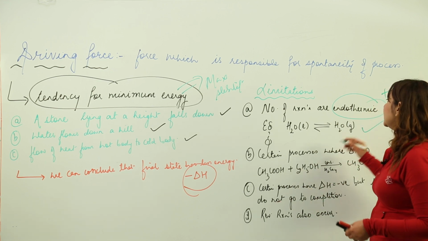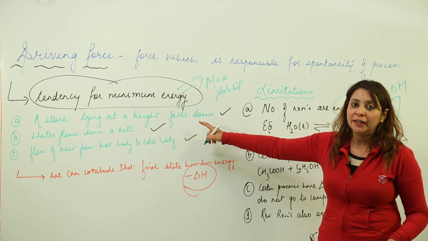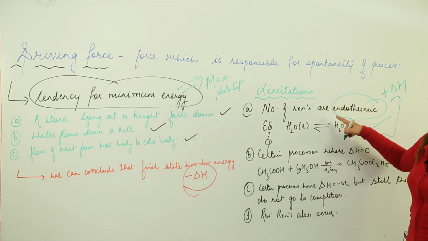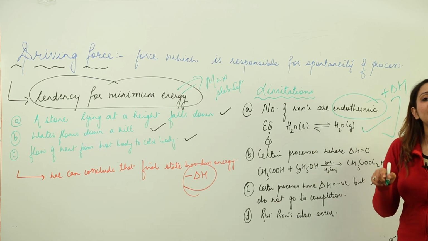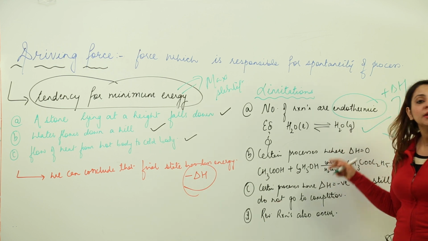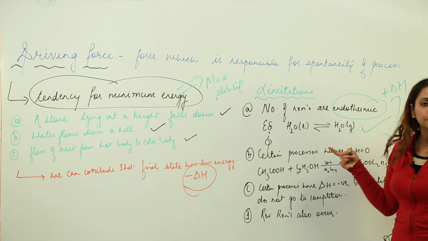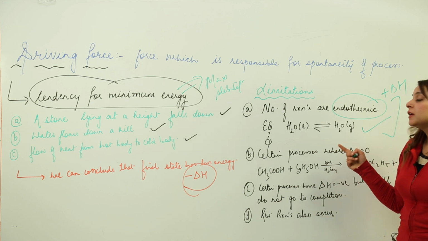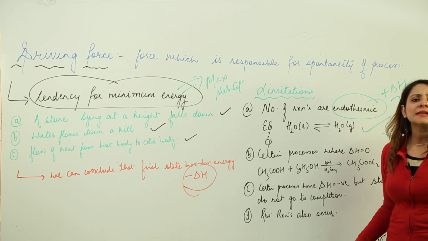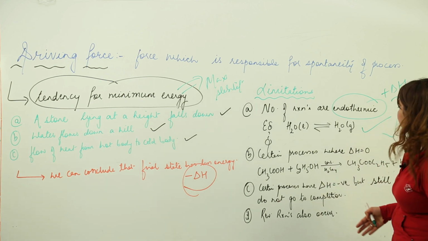So this cannot be the sole criterion which makes the process spontaneous, because the processes where delta H is positive, the endothermic processes, can also be spontaneous, like the evaporation of water. Apart from it, we have many more examples where endothermic reactions are spontaneous.